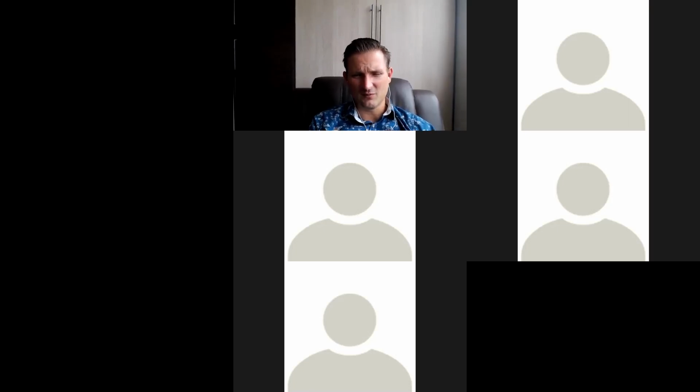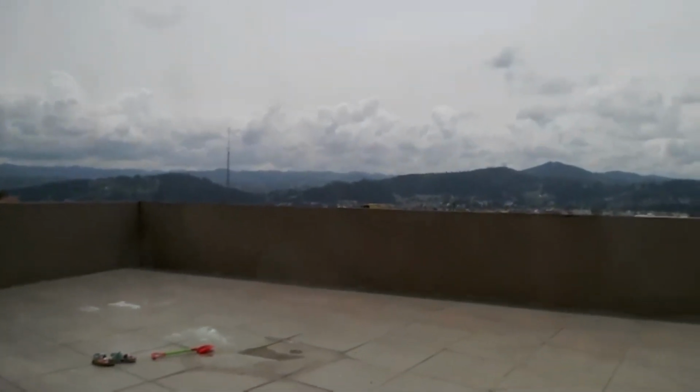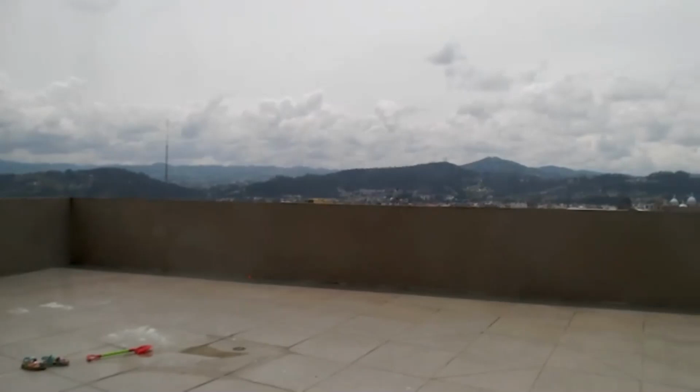Does anybody want to see what South America looks like today? Is anybody even still alive with me here? Yeah, okay. Well, I'll tell you what, pin my screen so it'll give you a full screen, and then I'm going to show you what South America is looking like today. Oh wow, this is my kids' dirty balcony with the toys.